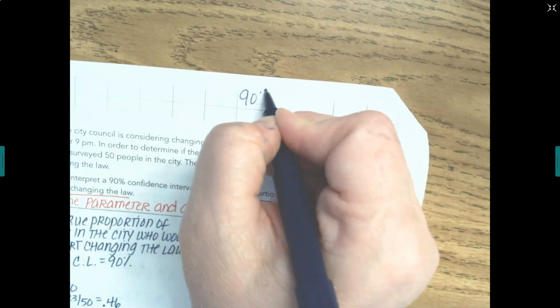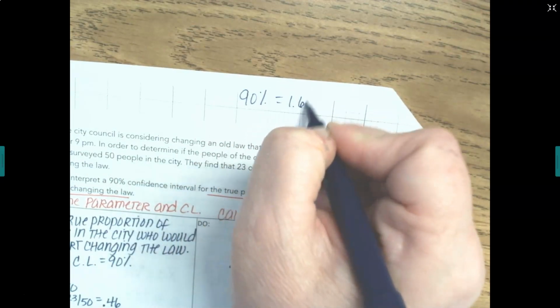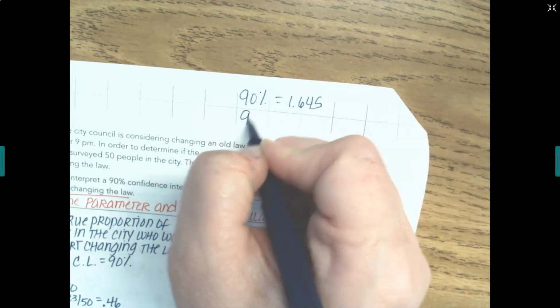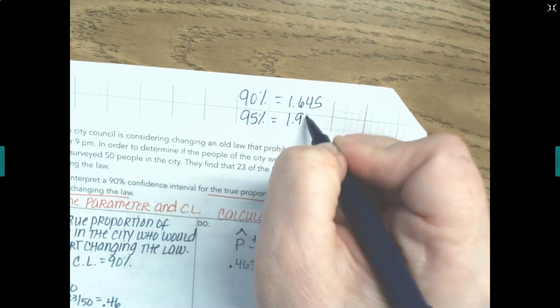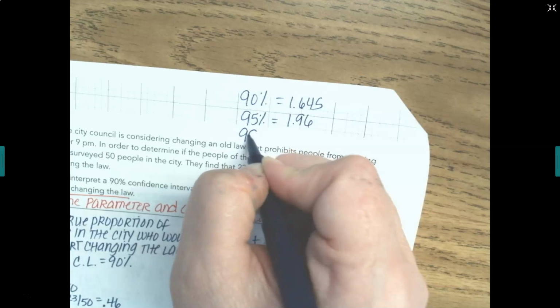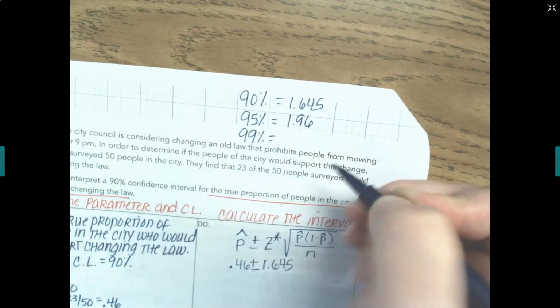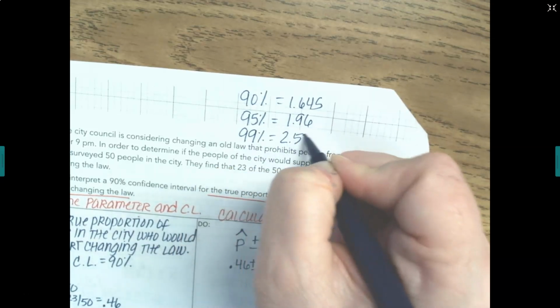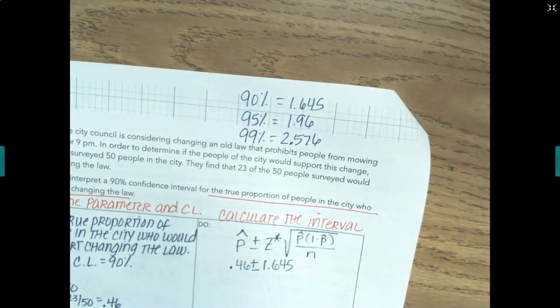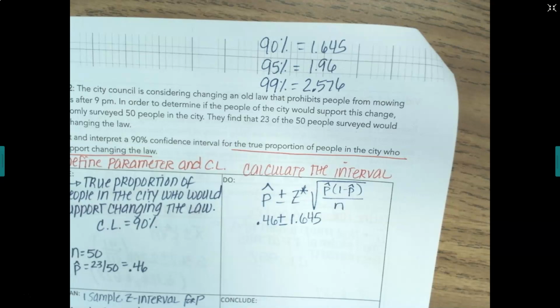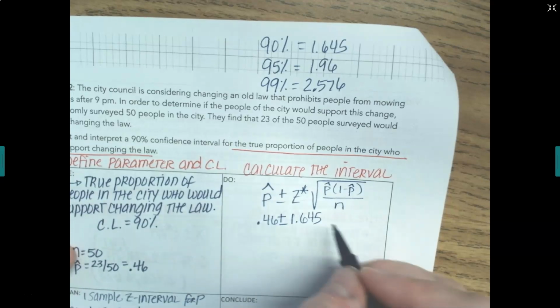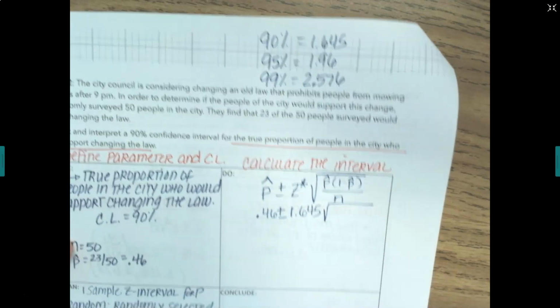So let's just review that real quick. 90% is 1.645. 95%, which is the most common, is 1.96. And 99%, this is for a Z, is 2.576. Those are your most common ones that you would be asked on the AP exam, so make sure you know those.